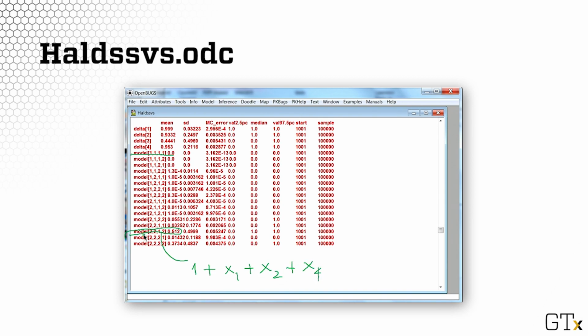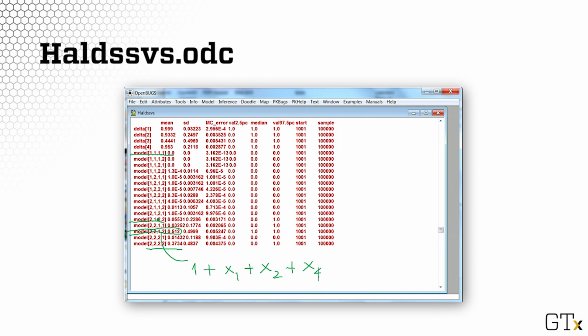The other models are also quite visited. For example, the model that has all variables was visited 37% of the time. And also, for example, 5% of the time, model 2122 was visited. But all other models are essentially visited less than 5% of the time.